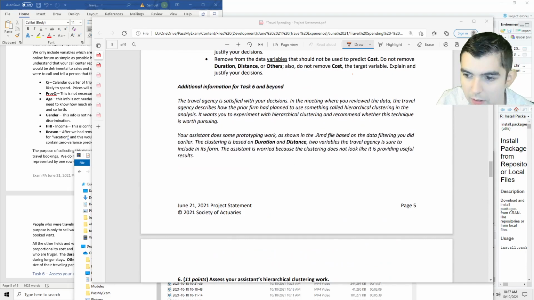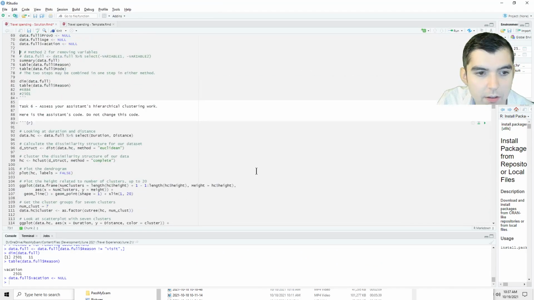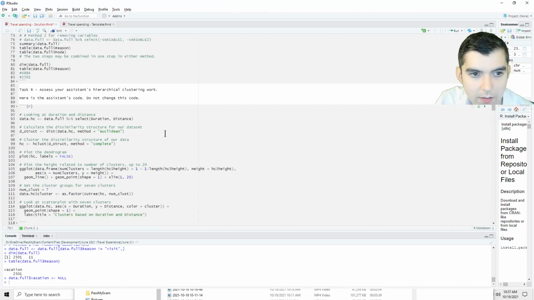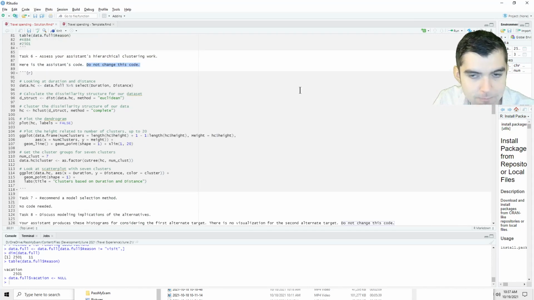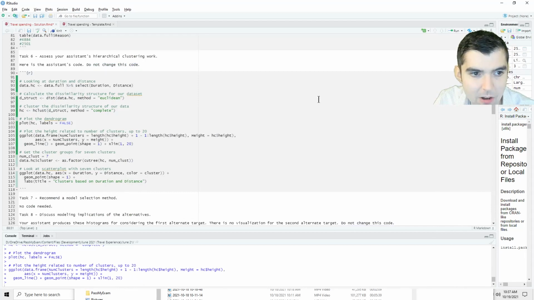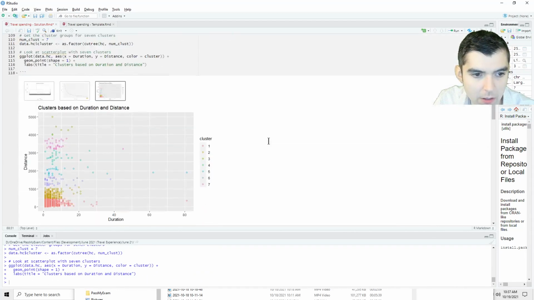Right, so let's look at task 6. Assess your assistant's hierarchical clustering work. Here's the assistant's code. Do not change this code. Okay, so I can see there are different colors, which are different clusters.